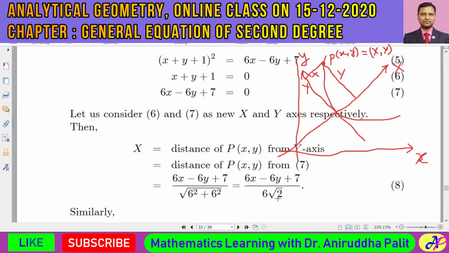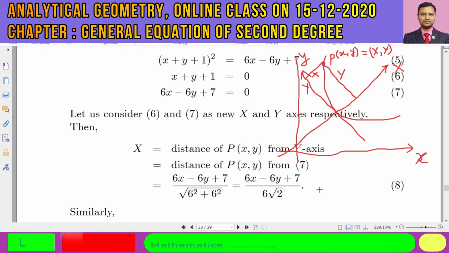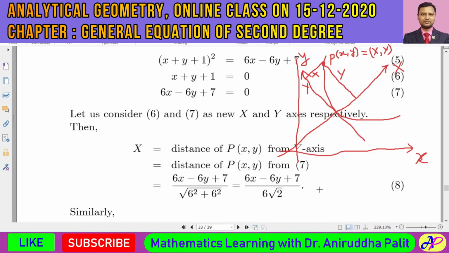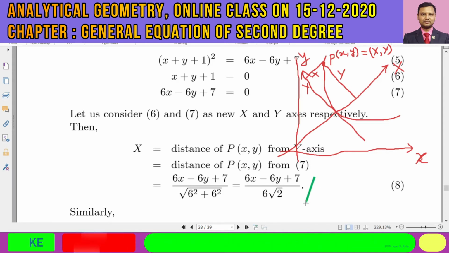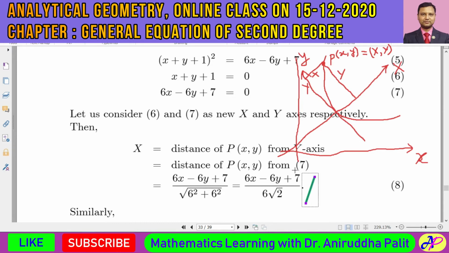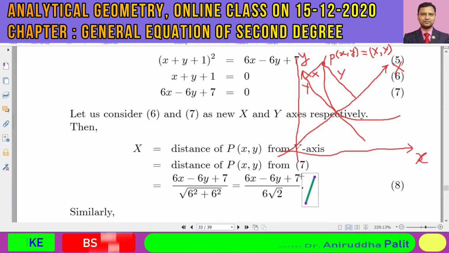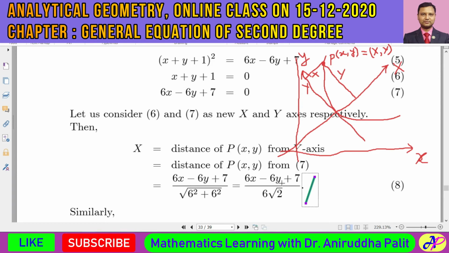I am repeating, do not cancel any factor. Even if you can take a factor common from numerator and denominator and cancel it out, I would suggest you to not cancel this kind of factor. Keep it in this fashion, because if this constant were equal to 12, then you could take this 6 common and cancel it from numerator and denominator, but don't go in that state.